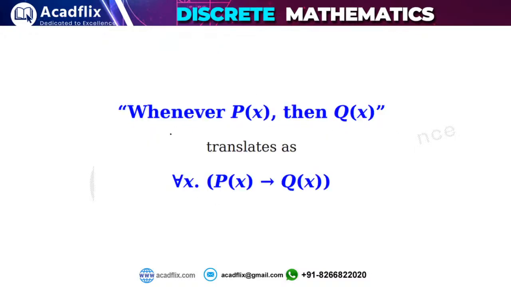Now, how to translate an English statement into a mathematical logic formula? Whenever you have this kind of statement, let me give you the template. This template is very, very important. You can mark 5 star, 6 star, 7, whatever number of stars you have, the whole star of the complete galaxy you can put here. But this is a very important thing.